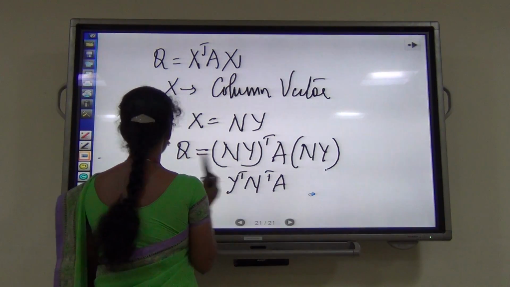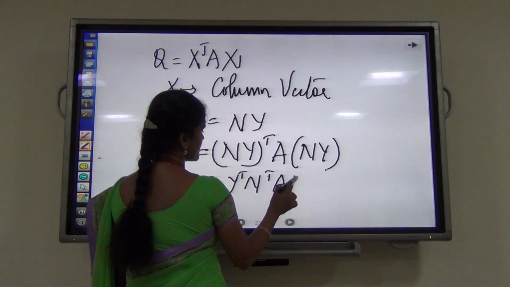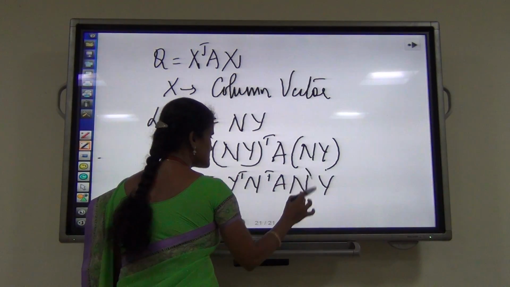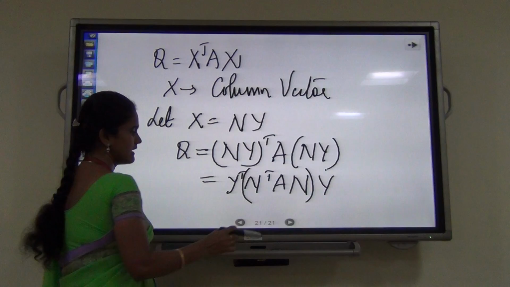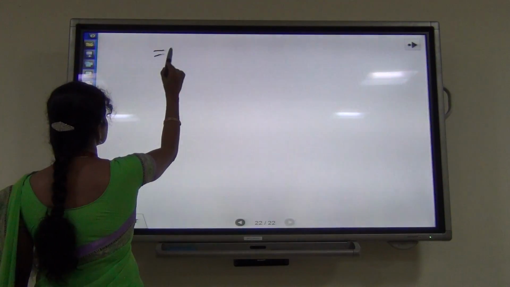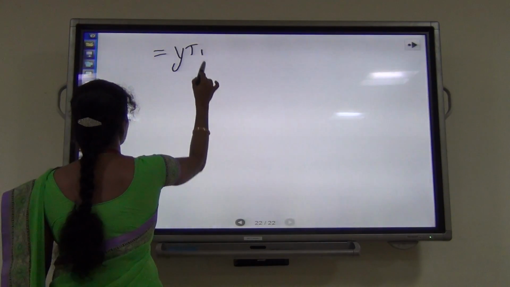We are not transforming this, we are just writing x as ny. Now what is this part? n transpose A n will give you D.